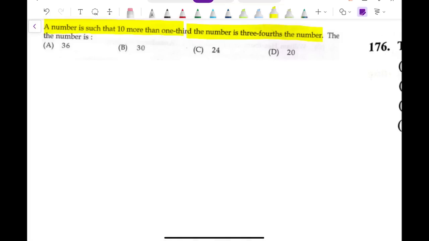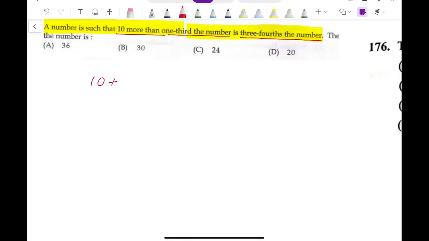So let's just break down the number. A number is such that 10 more than 1/3 of the number is 3/4 of the number. 10 more simply means 10 plus. That means 10 more, plus 10. Then what? 3 or 1/3. So it shouldn't be 3.